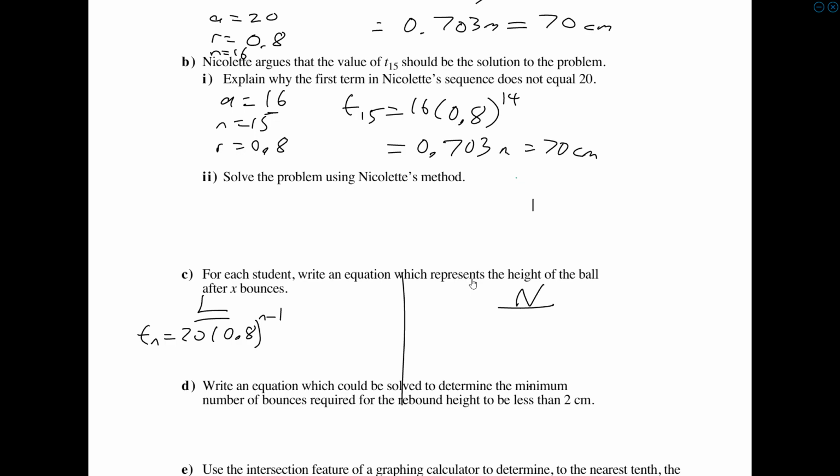Yeah, Lucasito. And for this one, it was T_n equals 16 times 0.8 to the power of n minus 1.